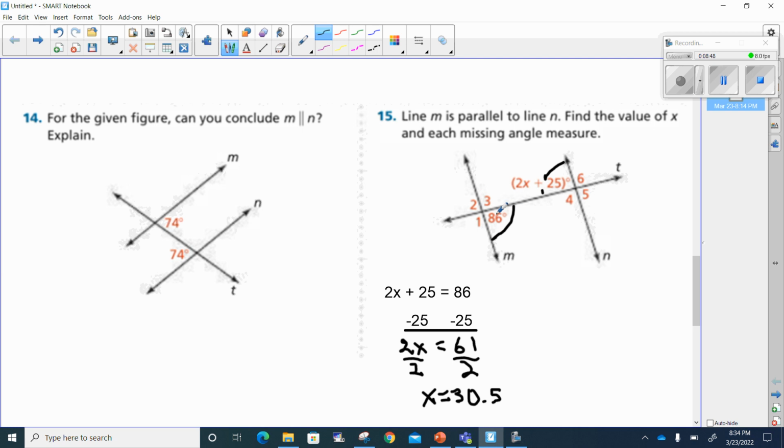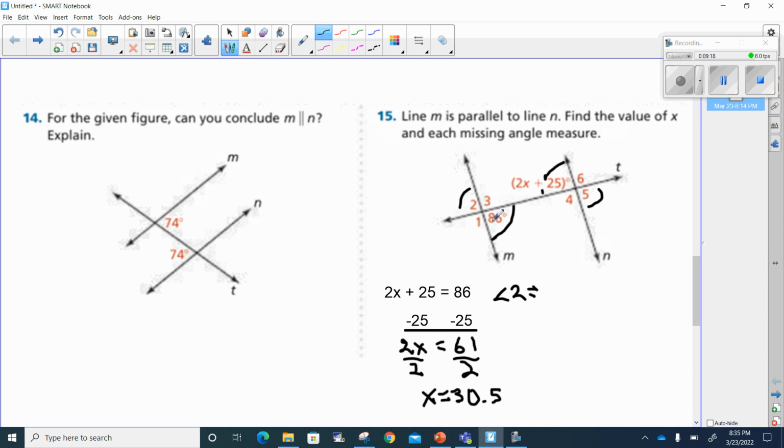Well, this is kind of easy, actually, because if this is 86, I know angle 2 is 86. So angle 2 is equal to also the alternate, let's see, yeah, that's 86. That means 5 is also 86, right?